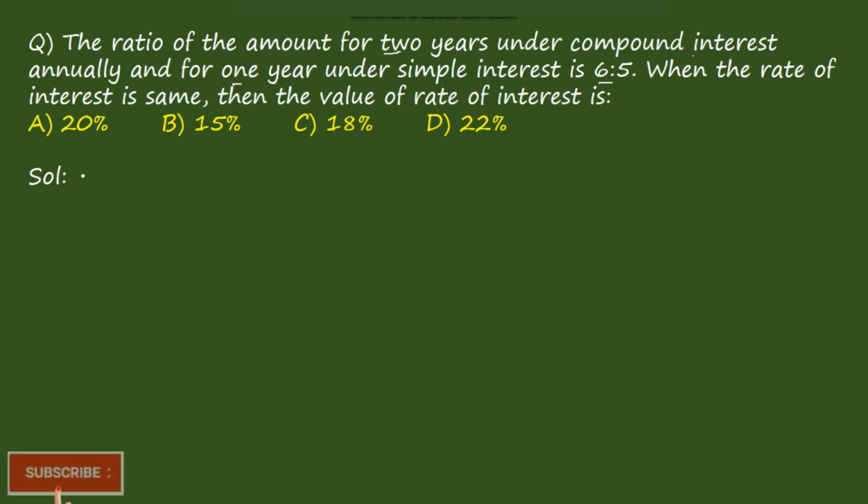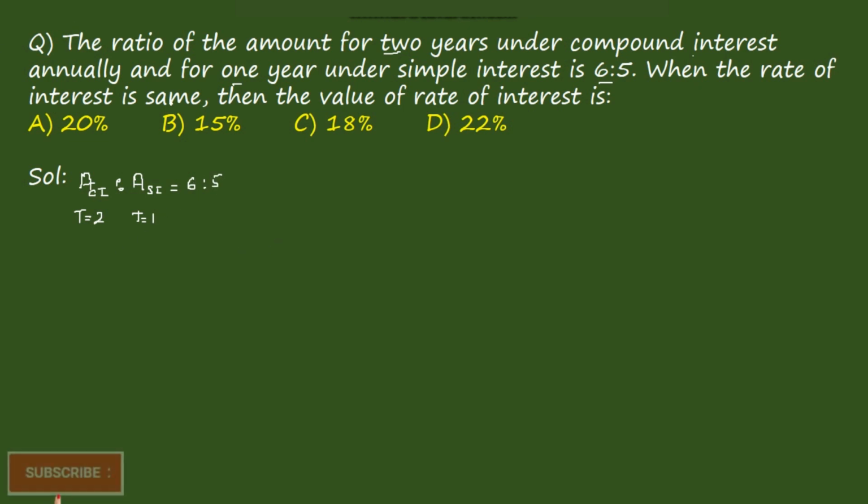So they are saying amount of compound interest for time t equal to 2 years is to amount for simple interest for time equal to 1 year is equal to 6:5 they have given, right.